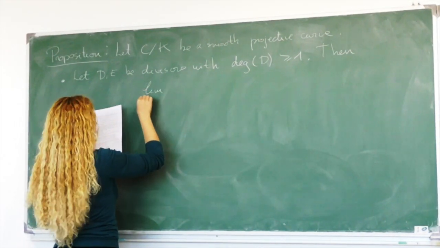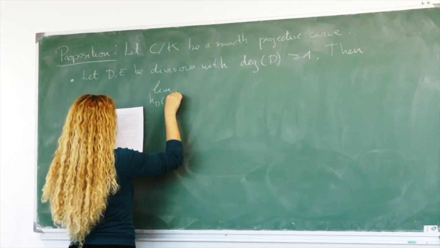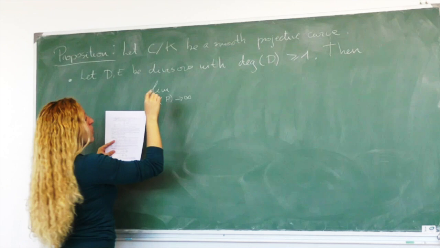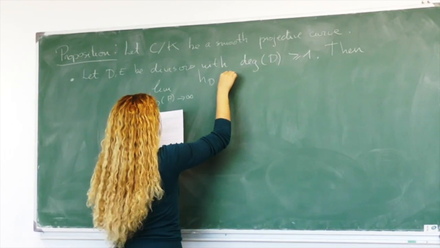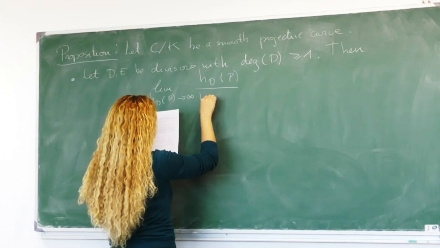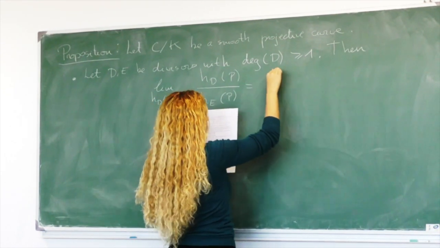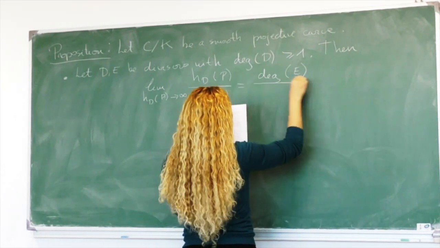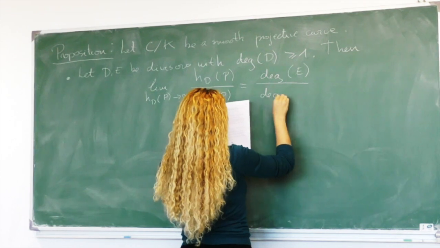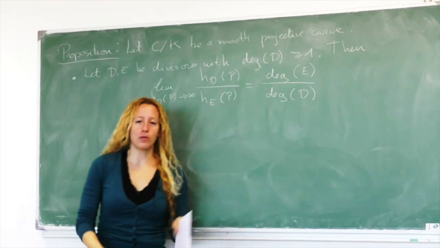The limit, when the height of D of P goes to infinity, of the quotient of the two heights is actually equal to the degree of E divided by the degree of D. Why were we expecting this?